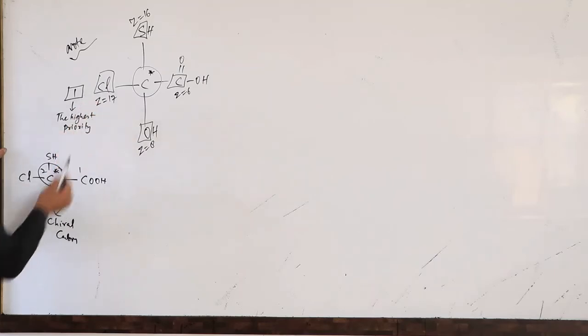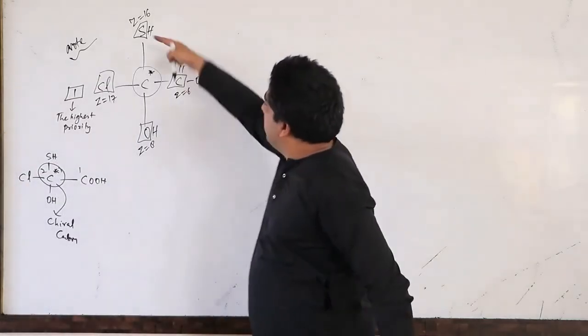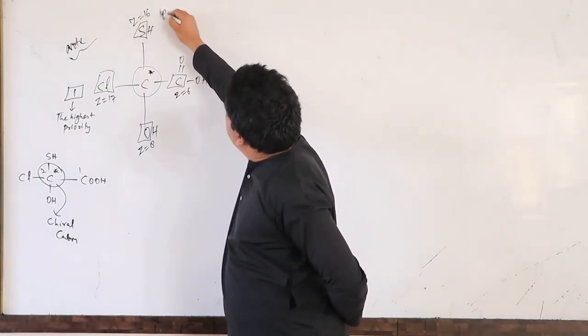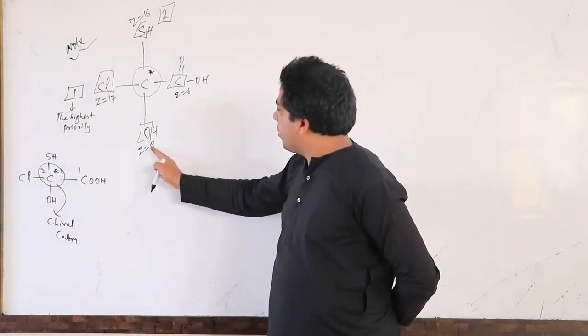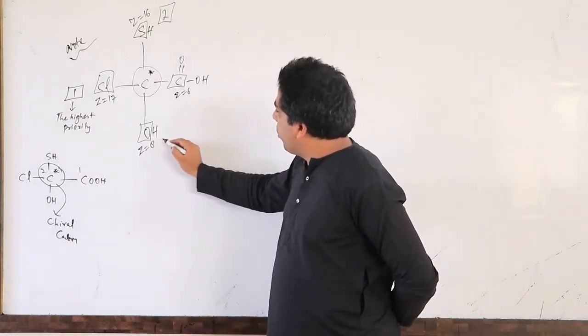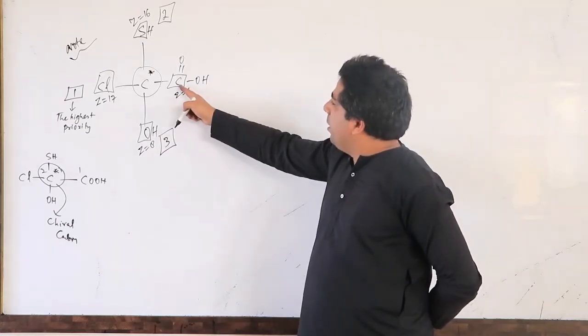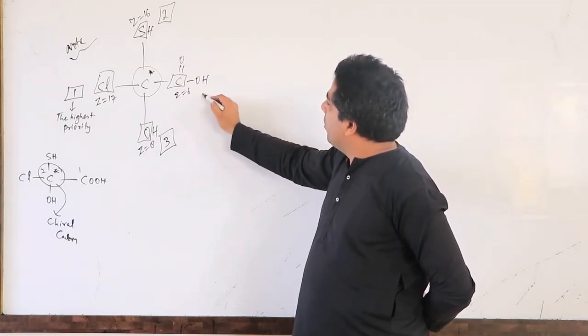After that, sulfur has atomic number 16, so it will get the second priority. Then you have oxygen, atomic number 8, so its priority will be 3. And then C of the carboxyl group, atomic number 6. The least atomic number is here, that is 6, so it will get number 4.